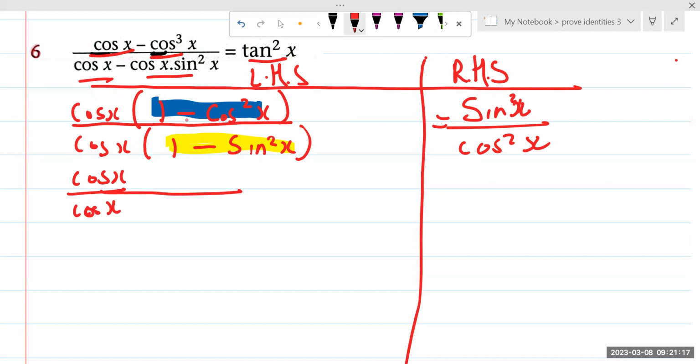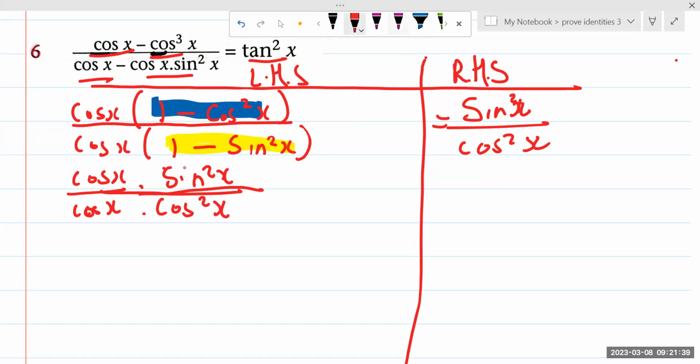Now, if we change this one, 1 minus cos squared x, what is that? Sine squared x. So we're going to have multiplied by the sine squared x, all over 1 minus sine squared x, which is what? Cos squared x. Clearly from here, everyone can see that we have one term on the numerator and one term on the denominator.